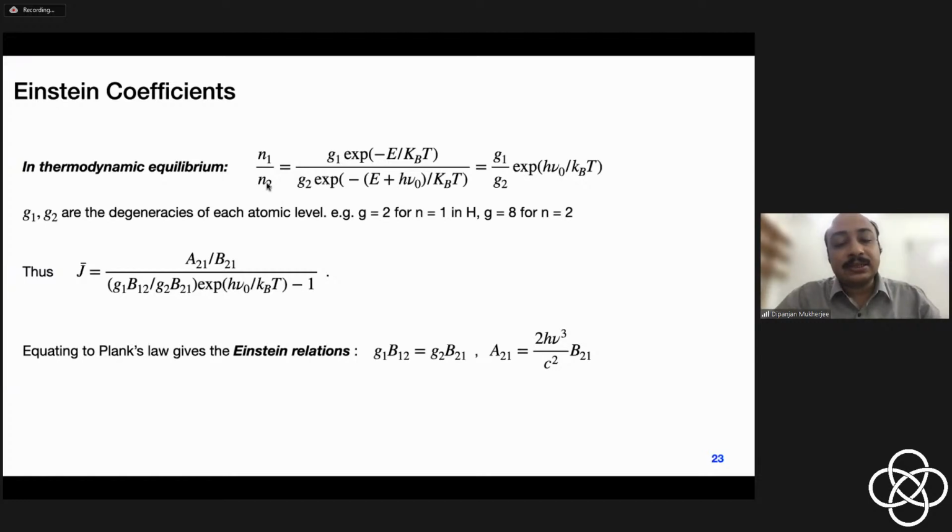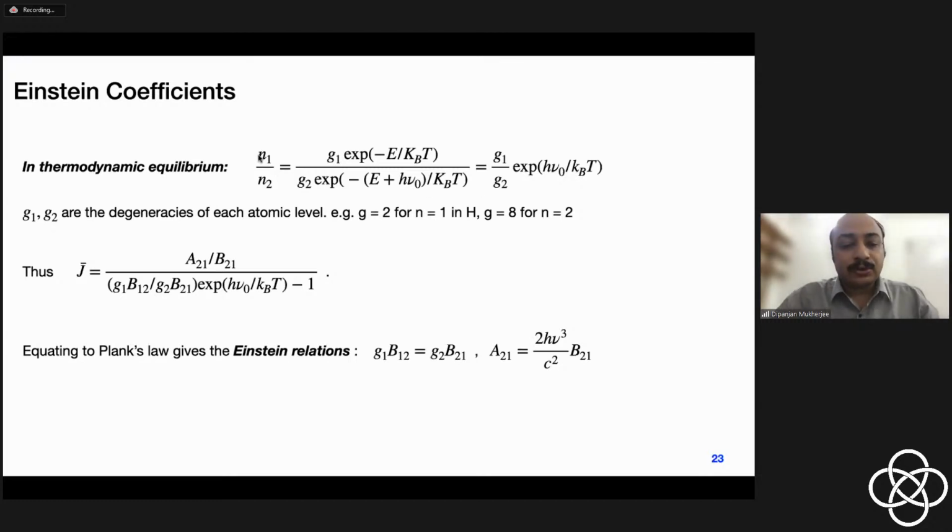Now, since this second state, the heightened state N2, is just one h nu naught away from it, the energy difference between these two states is h nu. So the total energy of the particles in this state is E, compared to a lower energy state, plus h nu, and that is why we get the ratio of exponential h nu by kT.